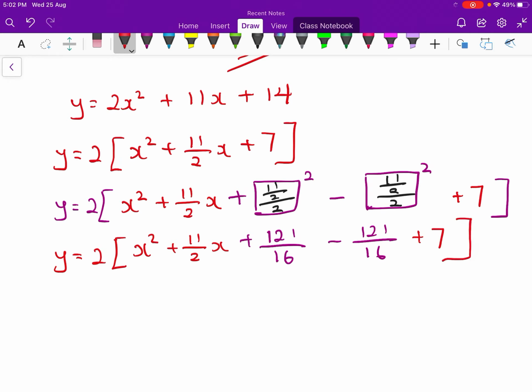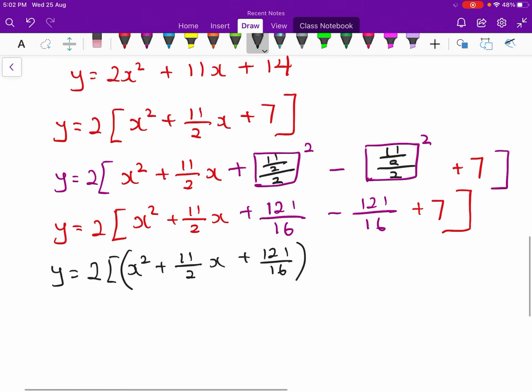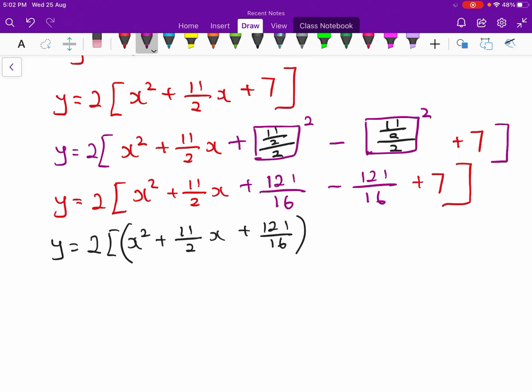Now y is equal to 2, and these three terms I must put in a bracket because I need to factorize these three terms. Then the minus 121 over 16, you can just leave outside, plus 7.